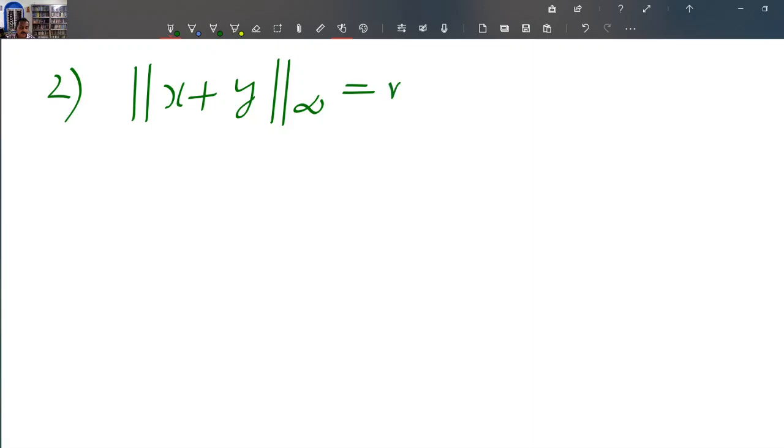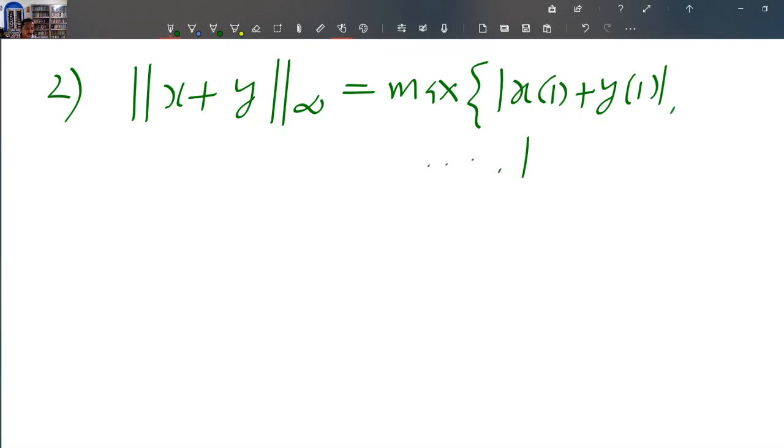Now the second condition you have to check is the triangle inequality. You consider the sup norm of x plus y, and this is equal to the maximum of modulus of x of 1 plus y of 1, etc., modulus of x of n plus y of n.